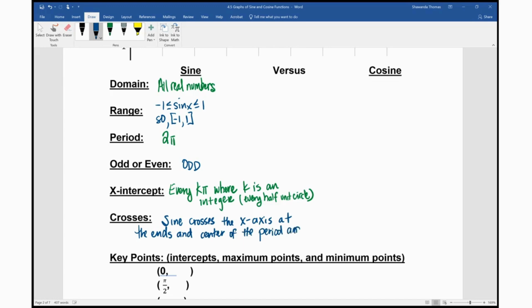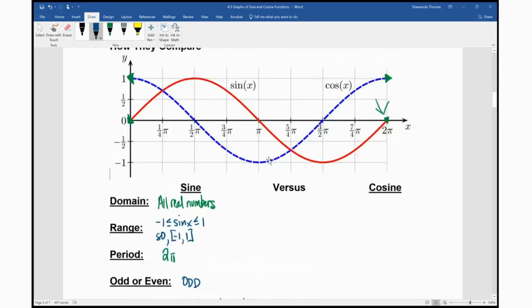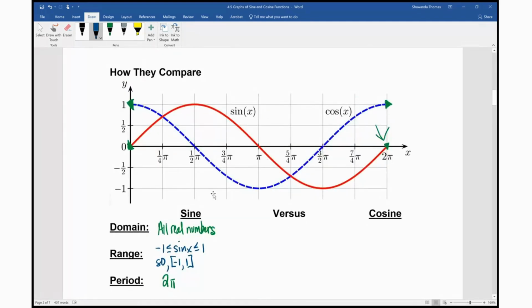And notice it peaks at the quarters. Quarters means when you divide it into fours.